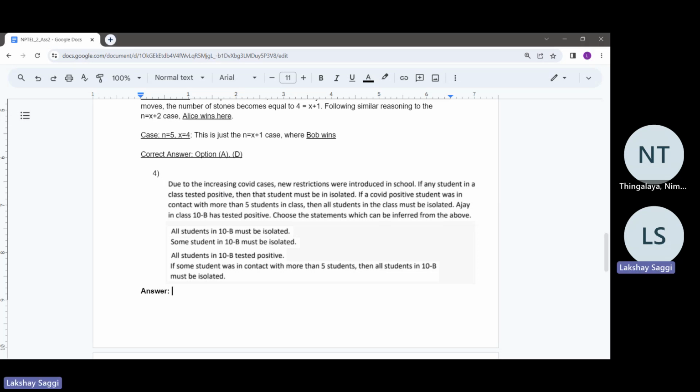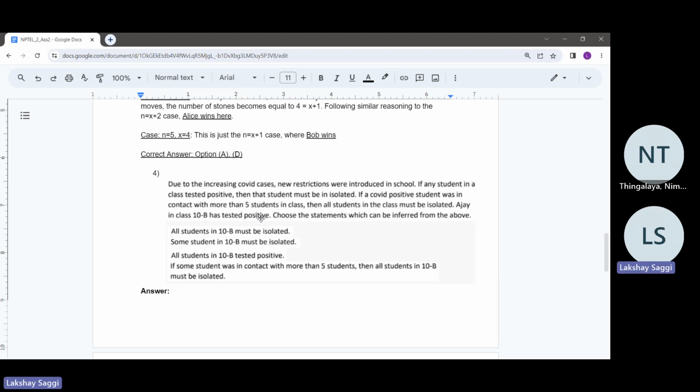No contact. We don't know if any student has come in contact. So Nimita, we don't know if any student came in contact with Ajay or not, right? In the question, the only thing we know for sure is Ajay has tested positive.